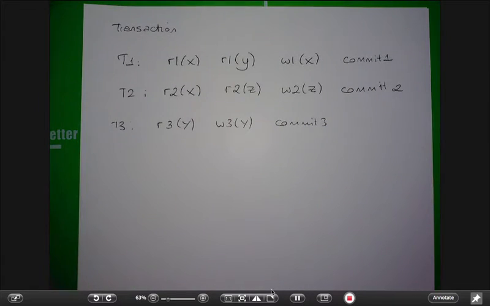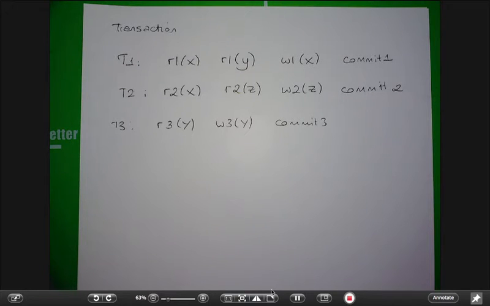Okay? And there are no rules that say which ones are good, which ones are bad. So it's perfectly fine that there could be a transaction that just writes something without reading something. That could be a valid transaction. We don't care. We are not going to pass judgment. So this is what I'm going to view a transaction as.